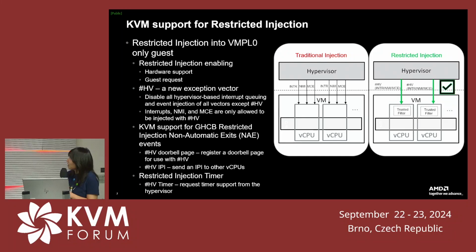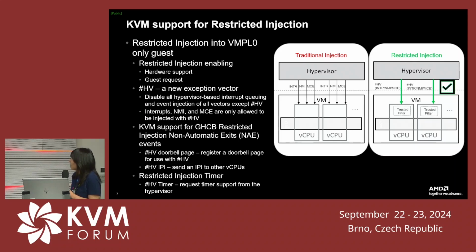With restricted injection, of course, first we need to enable restricted injection, which includes hardware support and the guest request. We are going to disable all of the hypervisor-based interrupt queue and interrupt interface.